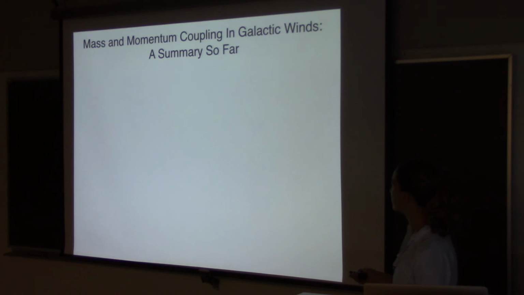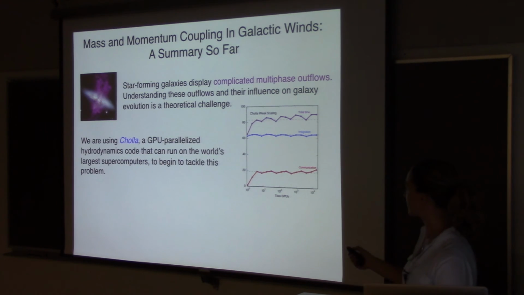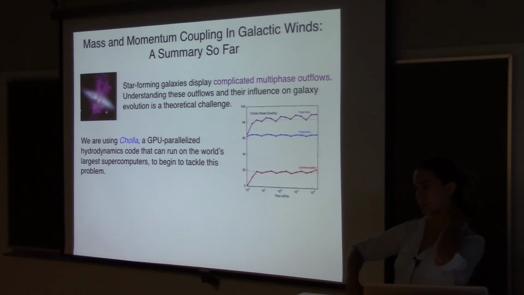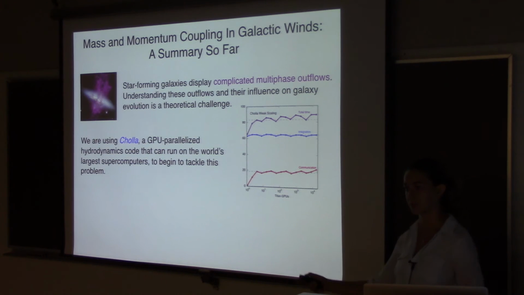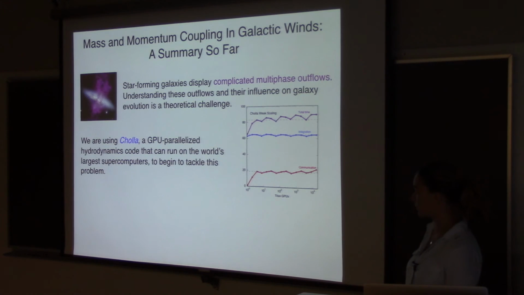So I can quickly summarize. As I've showed you, these are really complicated structures, and they're going to be important because the rate at which gas is flowing out of galaxies affects their subsequent evolution, things like their star formation rate, and we need to understand them in order to interpret observations. We can use our new code, Cholla, to start to tackle these problems.